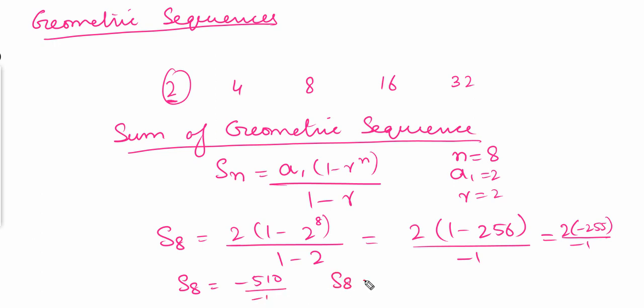So the sum of the first 8 terms will be equal to 510. So this is how I'll use this formula for the sum of a geometric sequence to find the sum of the first 8 terms. Now let's head towards exam related questions for the geometric sequence.